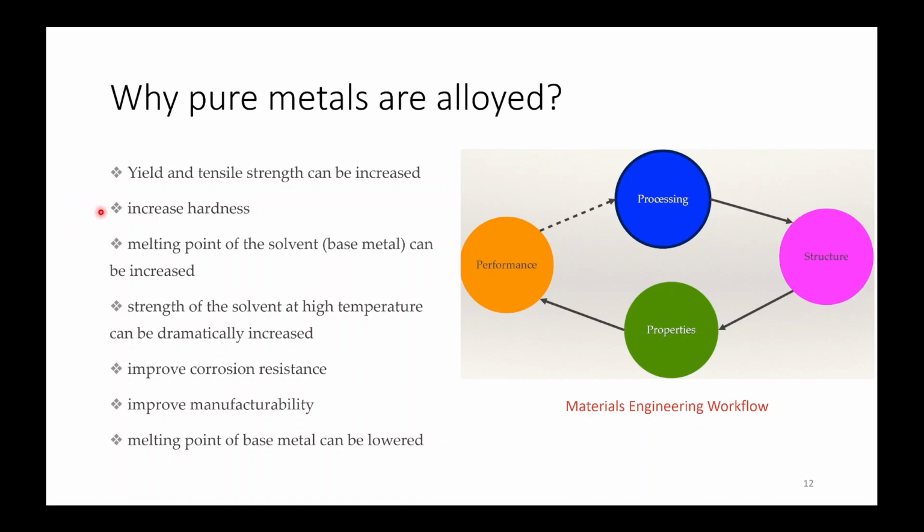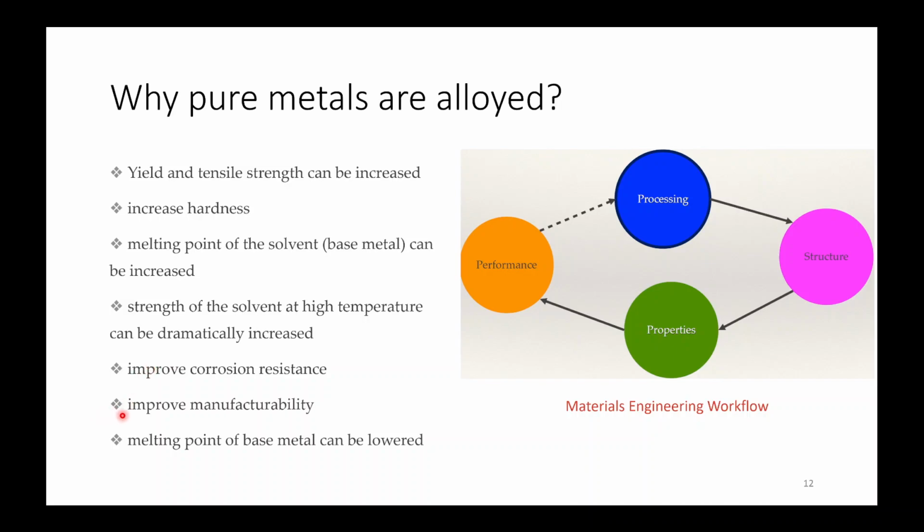It also increases hardness. The melting point of the solvent can be increased, and sometimes it can also be decreased in case of eutectic composition for easier manufacturing. And the strength of your solvent at high temperature can be drastically increased, and we can improve corrosion resistance.